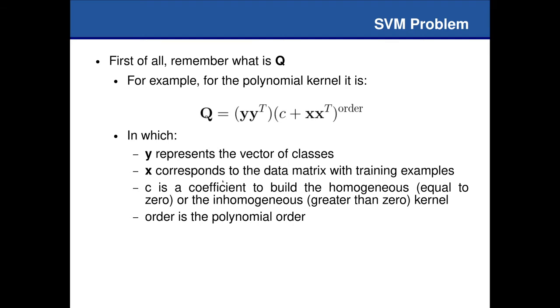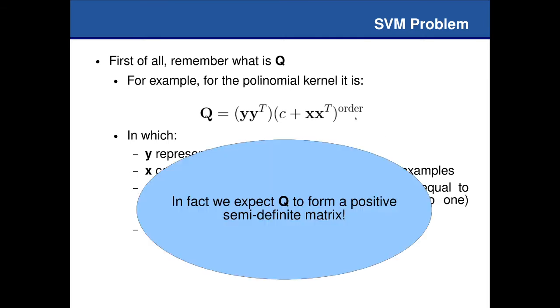Of course y represents the vector of classes, x corresponds to the data matrix we have for our training examples, c is a coefficient to build either a homogeneous or a non-homogeneous, or inhomogeneous if you prefer, kernel. And order is the polynomial order of our kernel.